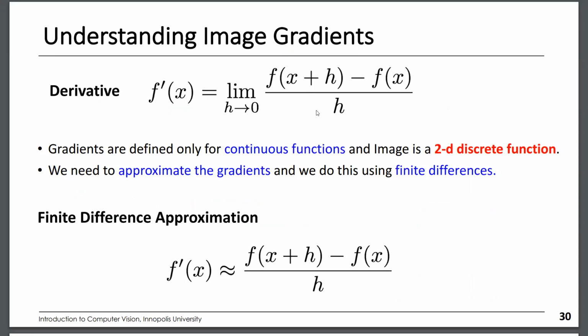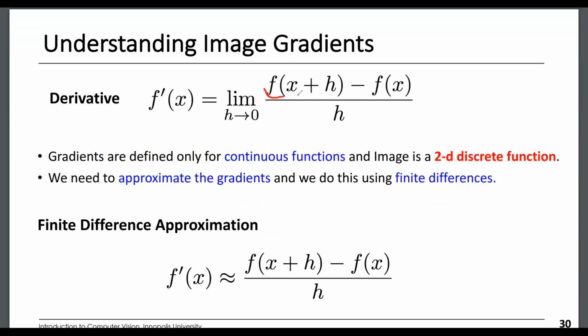So if you would like to calculate, of course, the first derivative, f prime of x equals the limit of this when h goes to 0, right? We studied this in French, so it's a bit more difficult for me to do it for you guys. But basically what we are doing is we are calculating f at x plus h. So h is a very small value, right?